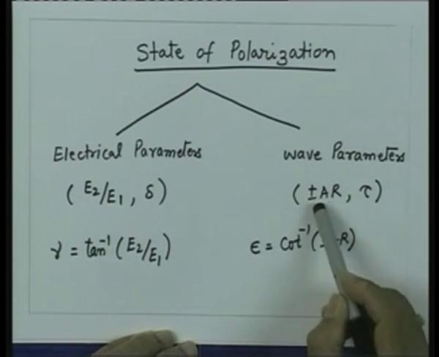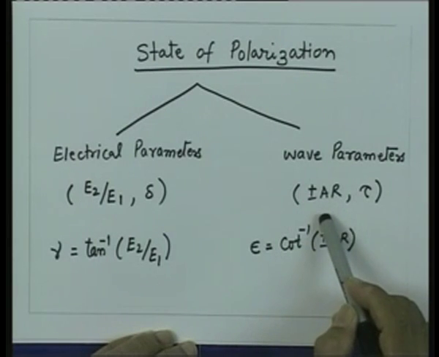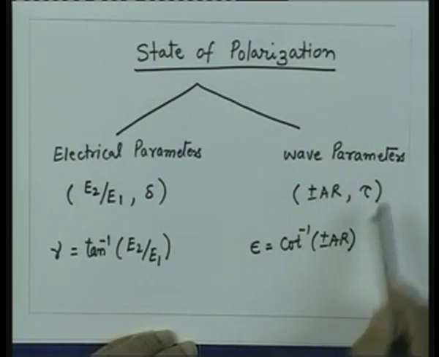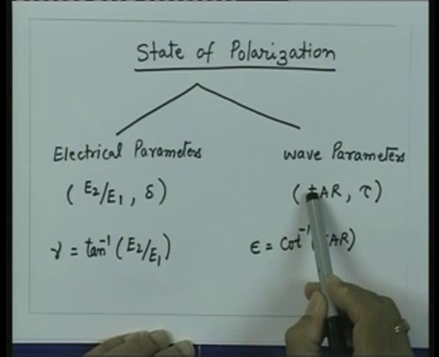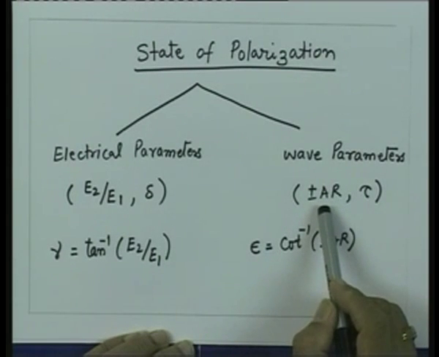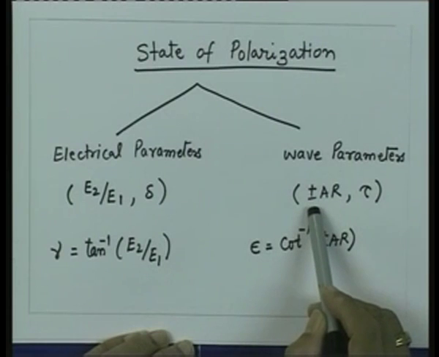By assigning a sign to the axial ratio, one can account for the sense of rotation of the ellipse in general. If the sign is positive, the sense of rotation is left handed. If the sign is negative, the sense of rotation is right handed.